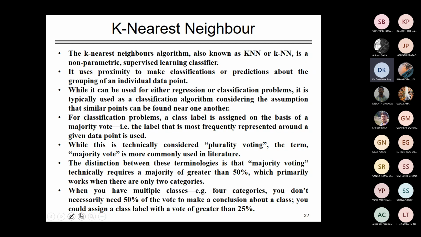Here we have to consider the majority vote should be greater than 25%, rather than 50%. So 50% is considered for two-class information, and 25% is considered for four-class classification. Now, if we consider an eight-class classification problem, what will be the percentage? 12.5. That means the majority vote that we will determine should be more than 12.5%, that is for eight different class levels.